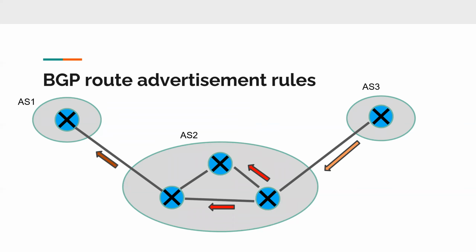And in AS3, the router will never advertise the information learned from its iBGP peer. I think this helps prevent loops inside the AS, and loops between ASes can be prevented by the AS path list.